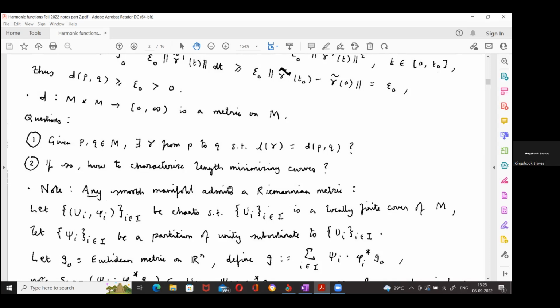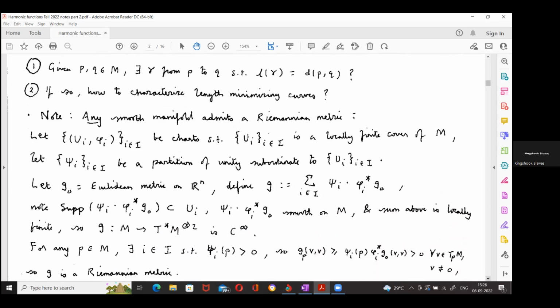For this, you use a partition of unity argument. You take a cover by charts (Ui, phi i) such that Ui is a locally finite cover of M. Then I can take a partition of unity psi i which is subordinate to the cover Ui.